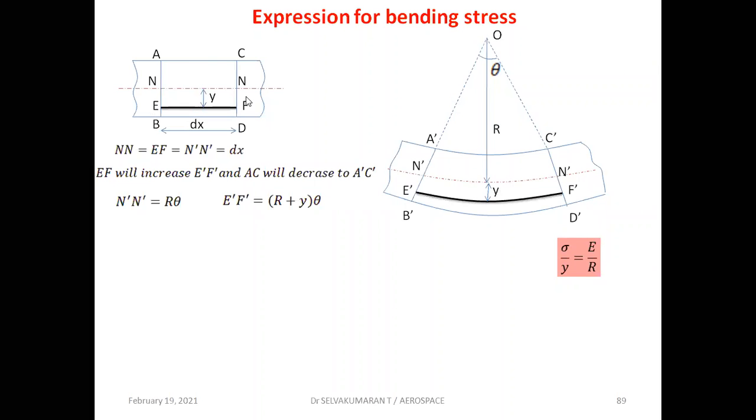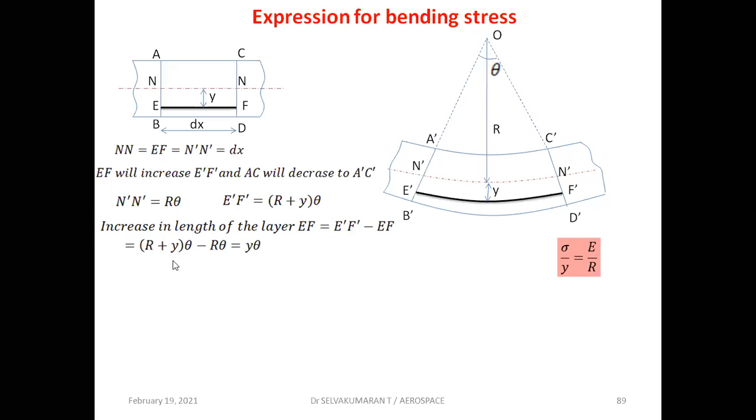NN is equal to EF, which is equal to dx, the length we have taken before loading. E dash F dash is after loading, and EF is the original length before loading. So EF is equal to NN, which is equal to dx, which is nothing but R theta.